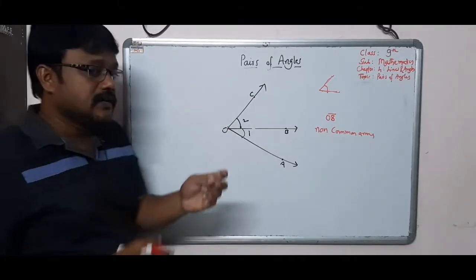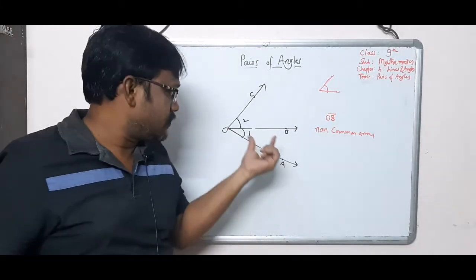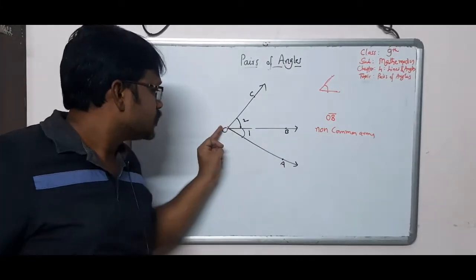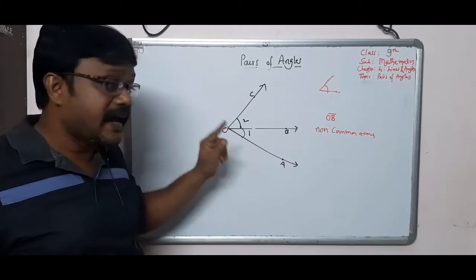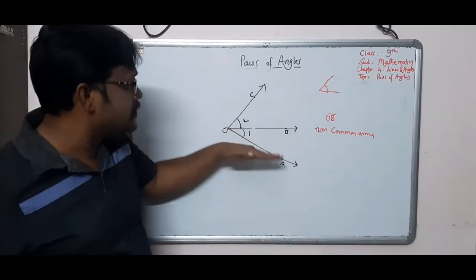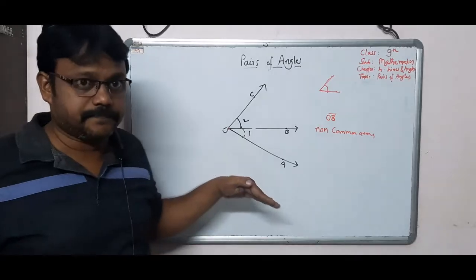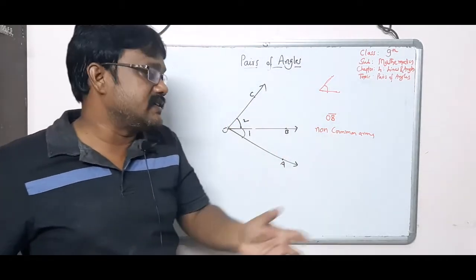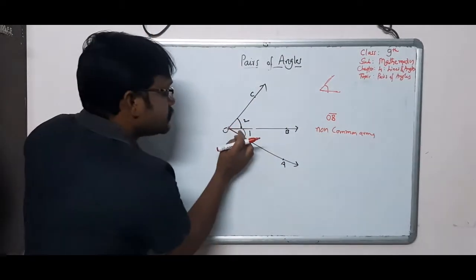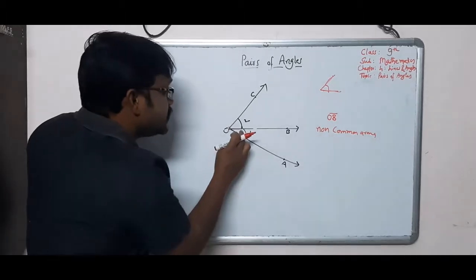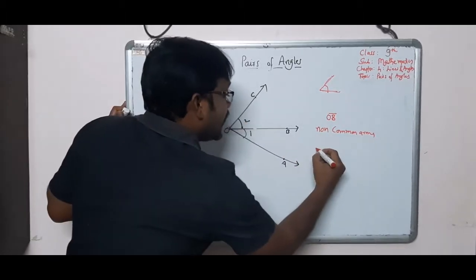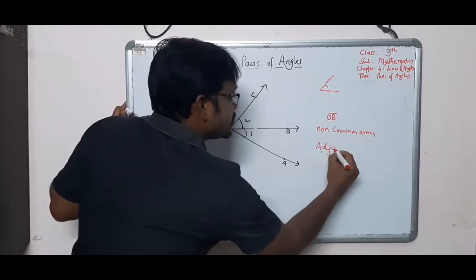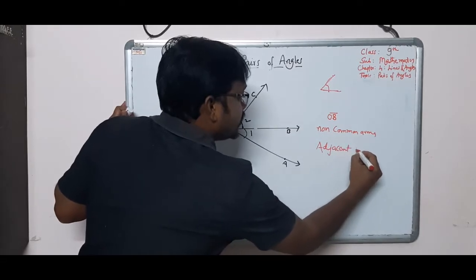Here we have a common arm, common vertex, and non-common arms lying on either side. These all qualities tell us that these two angles are adjacent angles. This is the name that I want to introduce you.